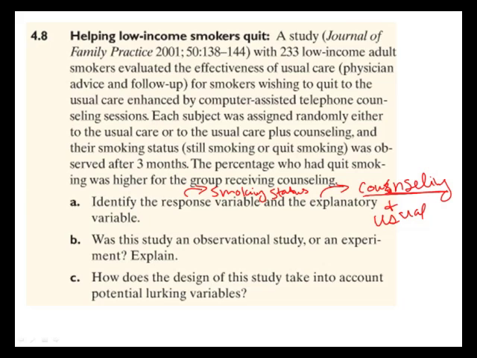Was the study an observational study or an experiment? Yeah, it's an experiment. Why? Because they actually used something on the subjects, like they were human subjects. Yeah, but you could do that with observational studies too. You could have professionals interview human subjects. Yeah, they did something to the subjects.